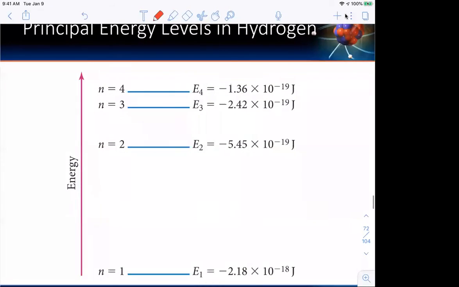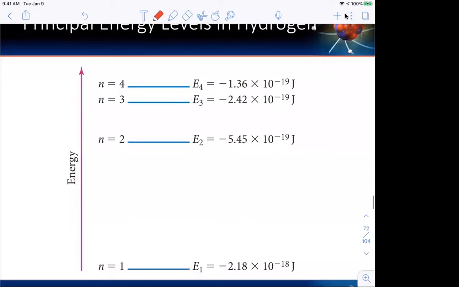So in hydrogen, my energy levels look something like this. I have n equals 1, and then notice I have a very large gap between n equals 1 and n equals 2. There's a lot of energy that separates the first energy level from the second. Then there's another amount of energy that separates the second from the third, but that's a much smaller value of delta E. As I continue up, the energy difference between each successive shell gets lower and lower.